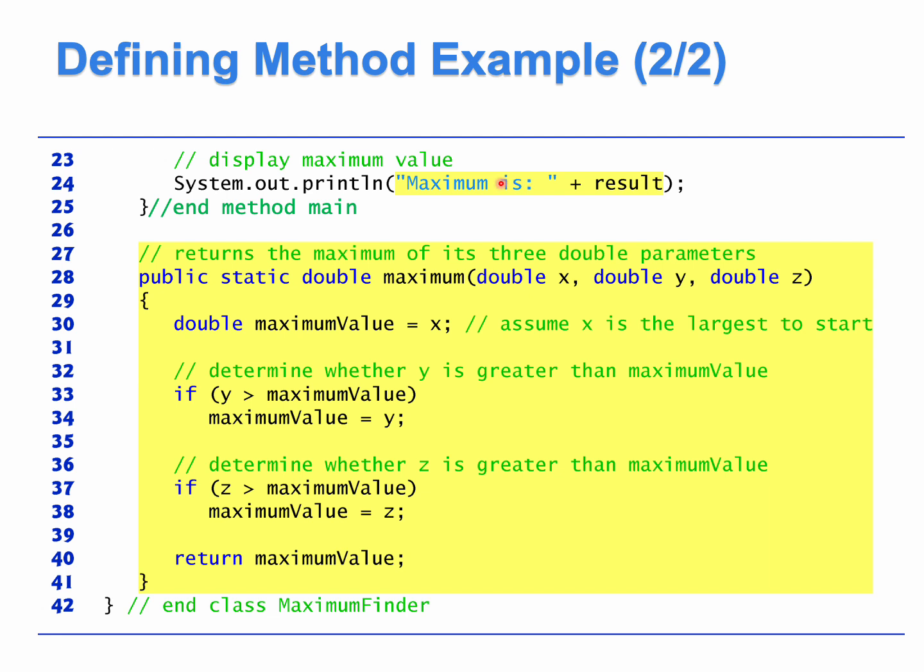Note that the method main only calls method maximum. It does not define method maximum. The definition of the method maximum is placed in the same class MaximumFinder as the method main. We typically place non-main methods after the main method.